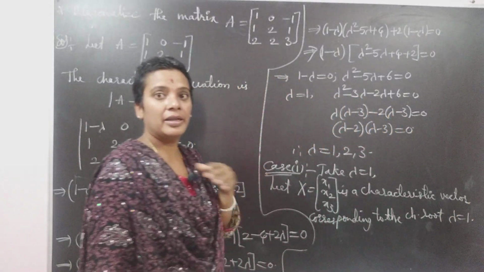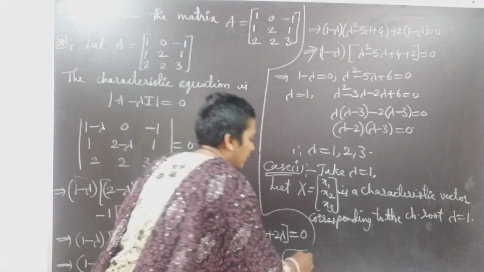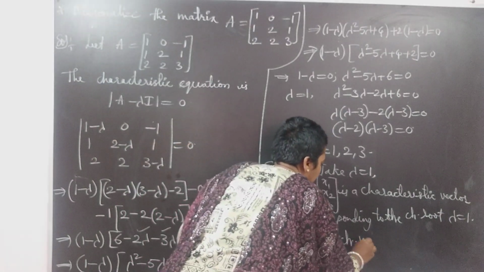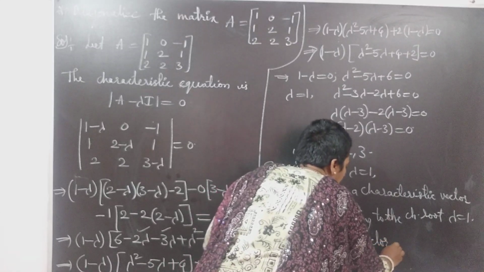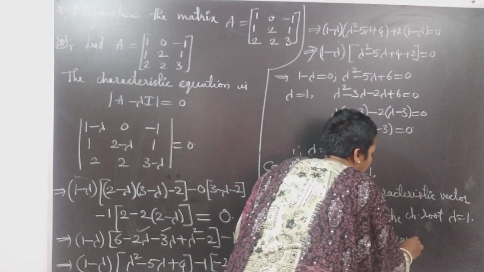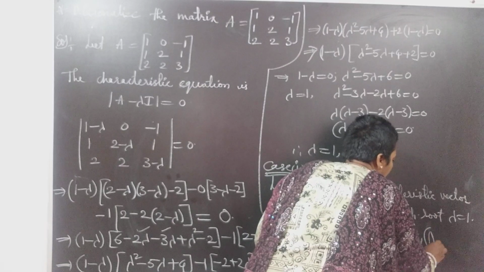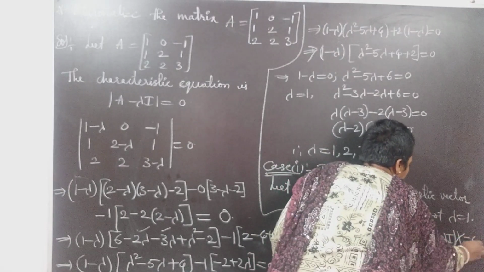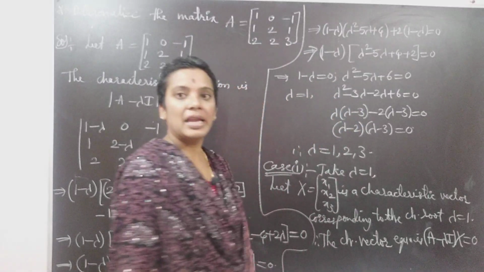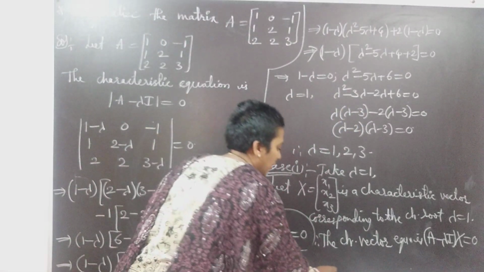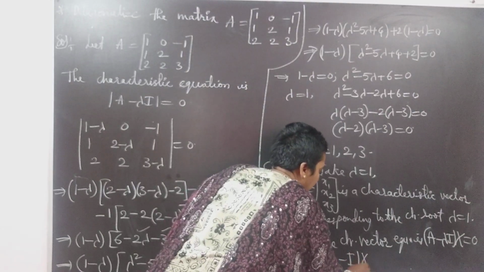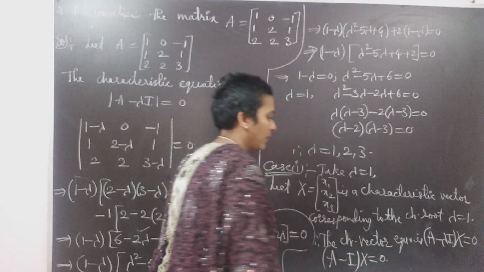Here the characteristic vector equation is A minus lambda I into capital X equal to 0. Here lambda equal to 1, therefore A minus I into X equal to 0.